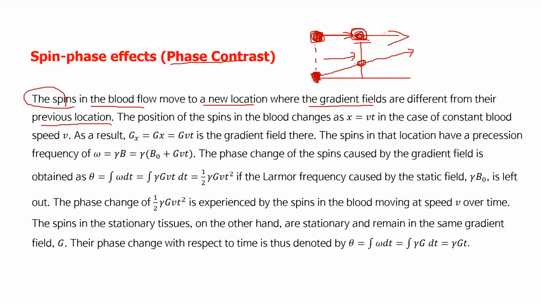The position of the spins in the rod changes as x equals vt in the case of constant rod speed v. So the rod is moving with speed v, then the position of spins in the rod changes with time t. So the position is changed to x equals vt.